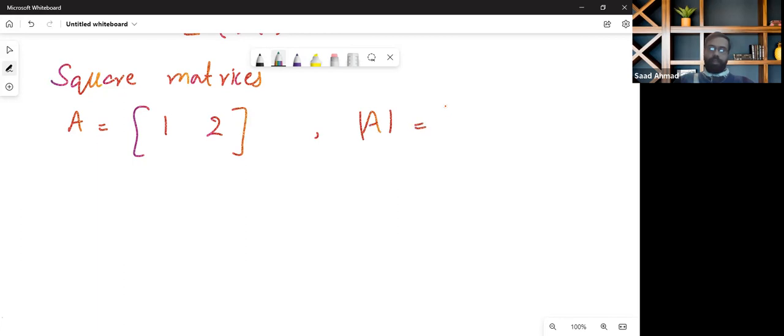You cannot do this. Why? Because this is a 1 cross 2. It's not a square matrix. The number of rows and the number of columns are not equal. So you cannot find the determinant of this one. You can only find the determinant of square matrices.